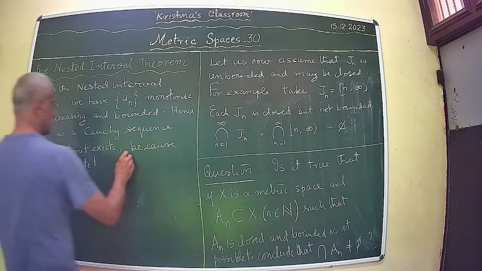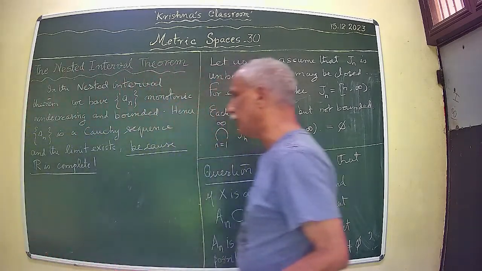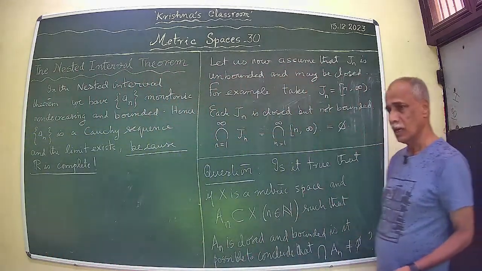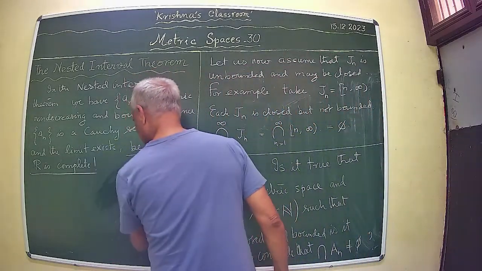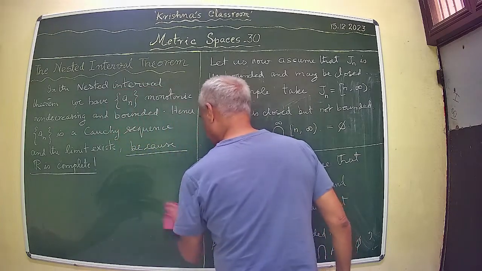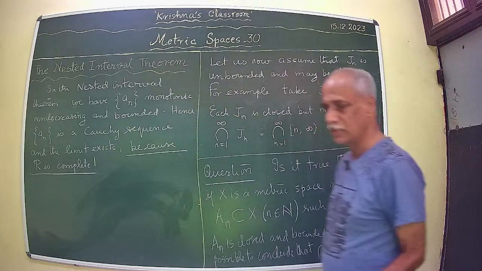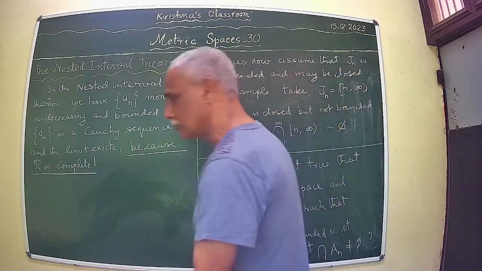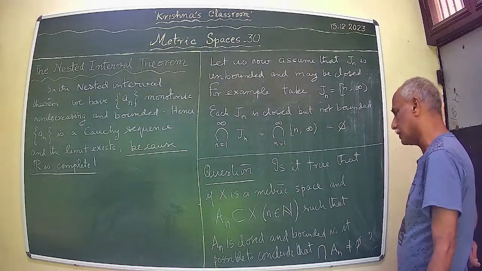This is important. So completeness of R plays a role, because of the way in which we have argued with the upper bound property, etc. So you have the completeness of R coming into play. Okay. So that is something that we have used here.